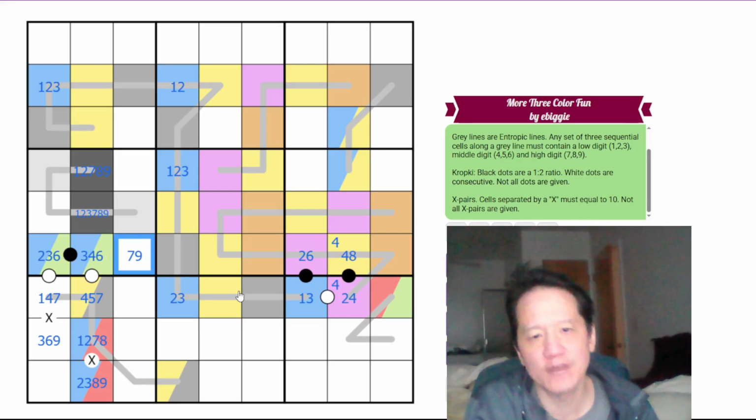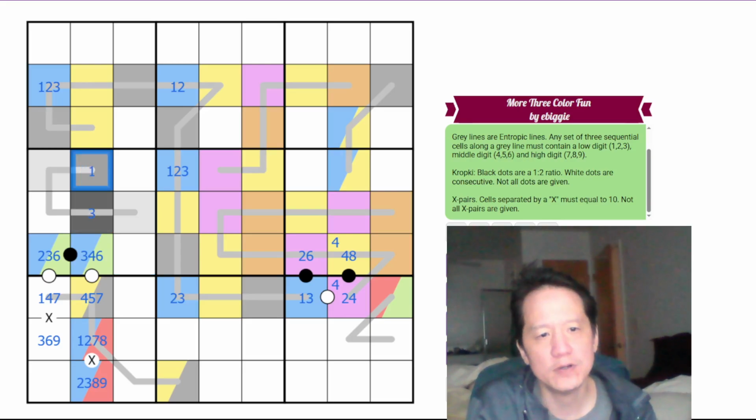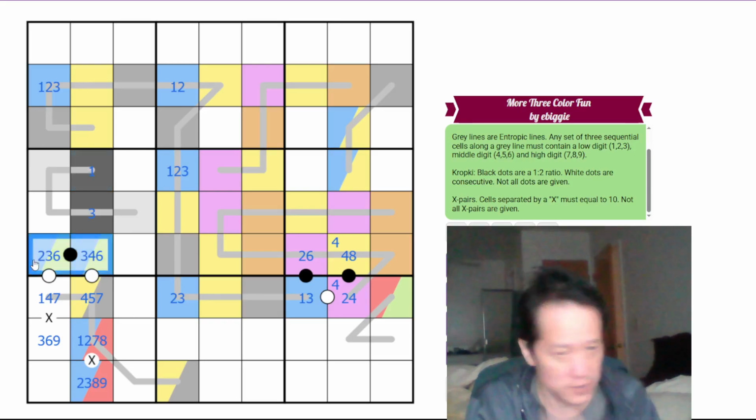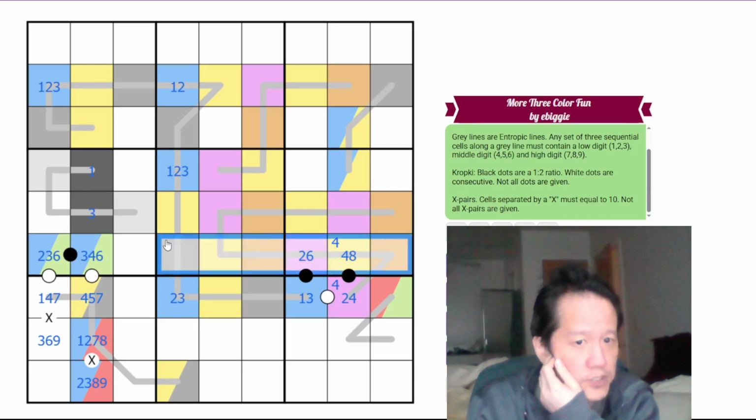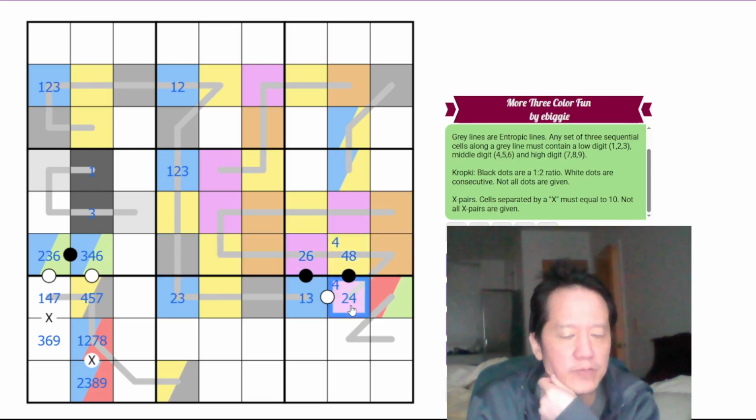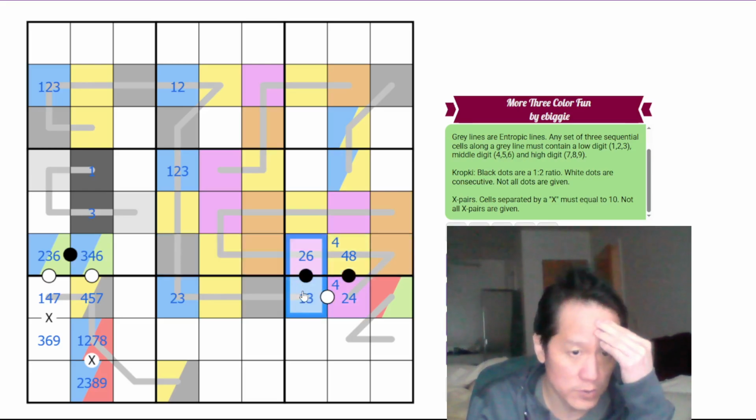So this would have to be a low. So it would have to be 1, or okay, so then in that scenario, if this is 3, 6, that makes this a 2. But there's no other lows here because the pinks are the lows.